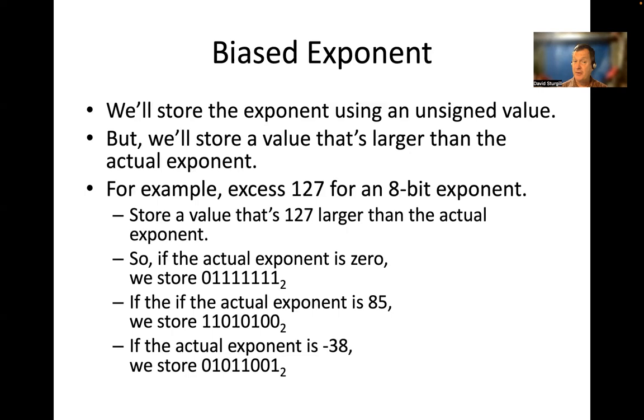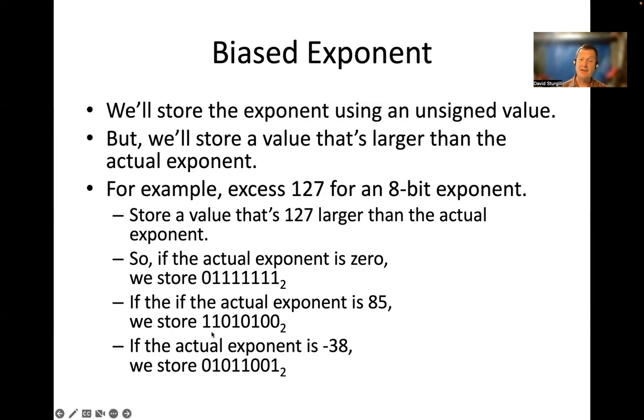So if your exponent is 0, you're going to add 127 to it, and so 0 plus 127 is 127, and then you're going to store that in binary. And positive 127 looks like that in binary. It's a 0 followed by 7 ones. If your exponent is, let's say, 85, you're going to store it by adding 127 and then storing that in binary.